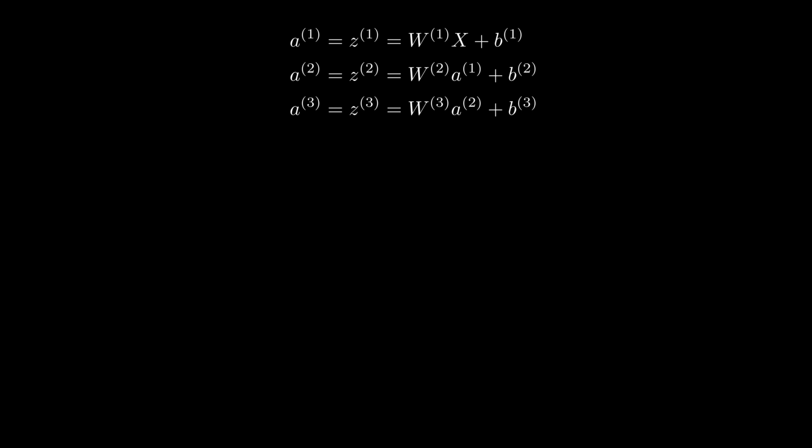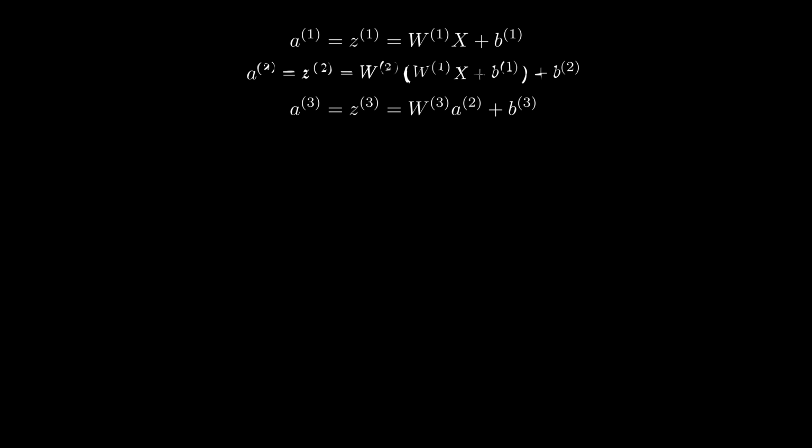We'll set an identity function as an activation function. Just to keep the notation, the identity function returns input as output, not changing it at all. But now, since there is no activation function, A3 equals Z3 equals W3 A2 plus B3, and again, since A2 equals Z2, that is equal to W3 Z2 plus B3.